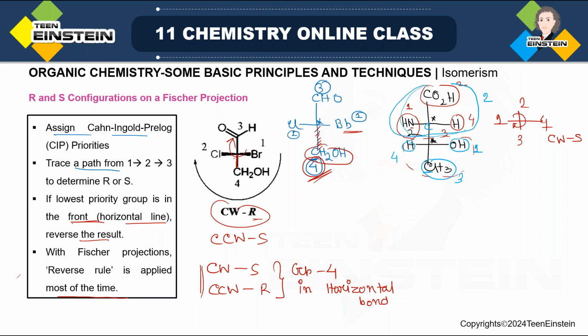So this whole group is 2. Now what you are getting? 2, 3, 4, 1. So 1 to 2 to 3 is now counterclockwise. But though it is counterclockwise, it will be R because 4 is present in the horizontal bond. So we have to reverse the result. Fine. So in this molecule, we get S and R.